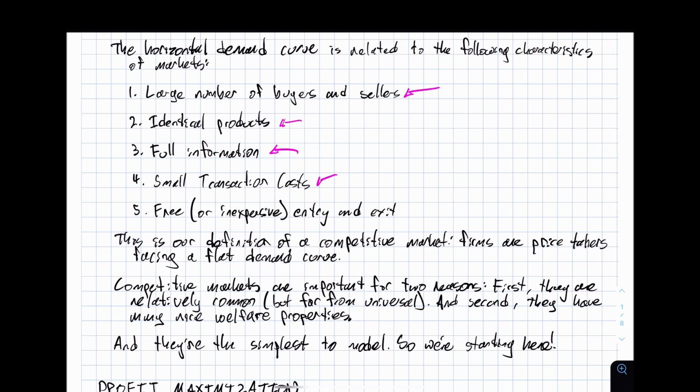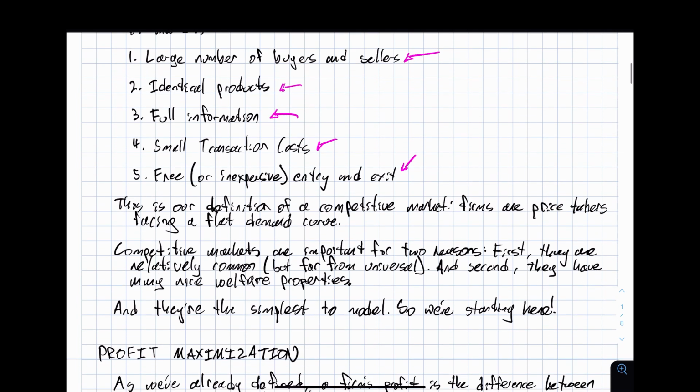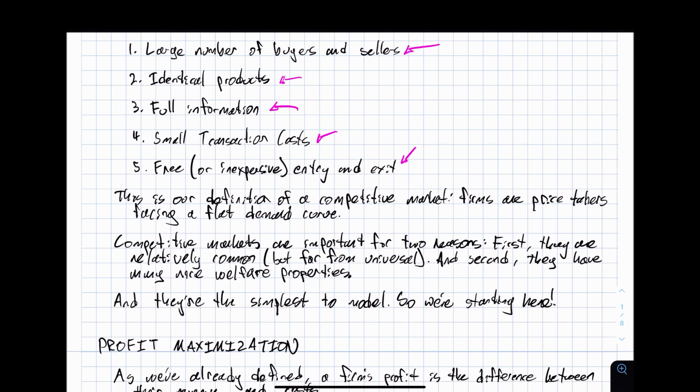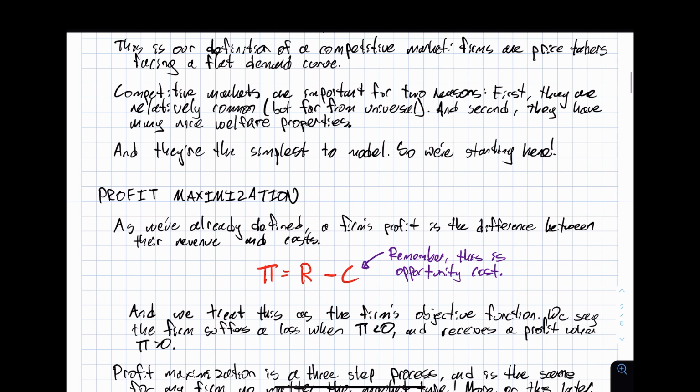Small transaction costs is important for perfect competition, and then free or at least inexpensive entry and exit into the market and out of the market allows any potential profits to be challenged by new entrants, and any losses to be responded to by firms. So this is the definition we work with in economics of competitive markets, that firms are price takers, and they face a flat demand curve.